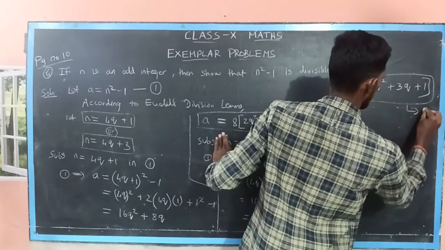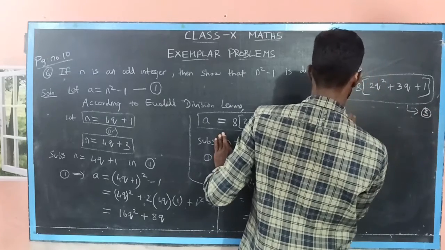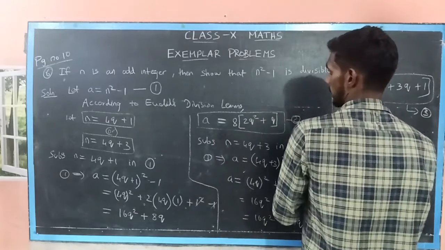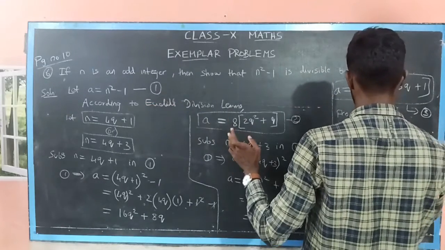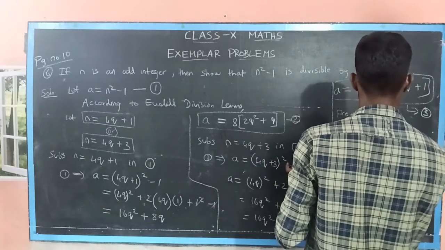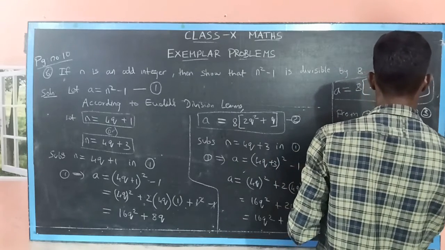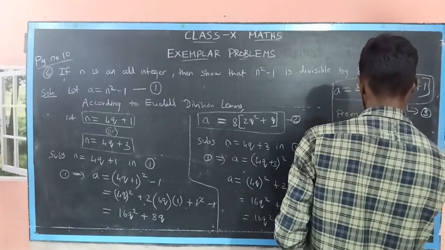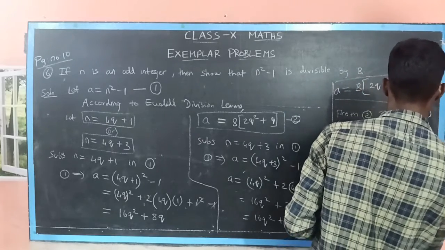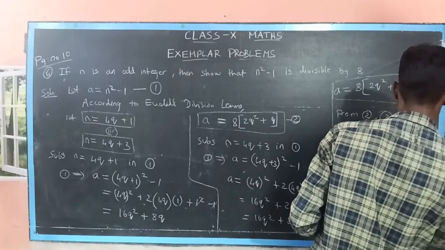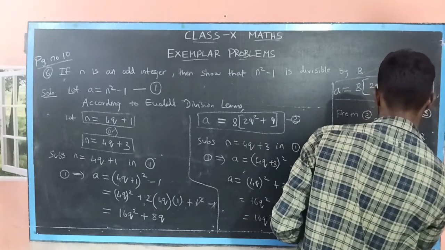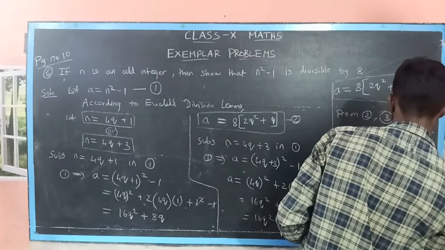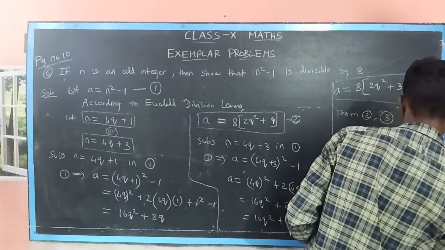So from the deductions 2 and 3, a is divisible by 8, that is, the term n square minus 1 is divisible by 8 if n is any odd integer.